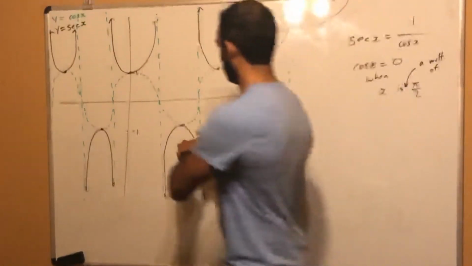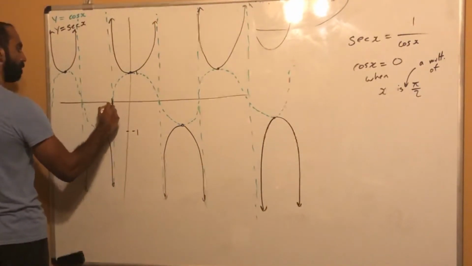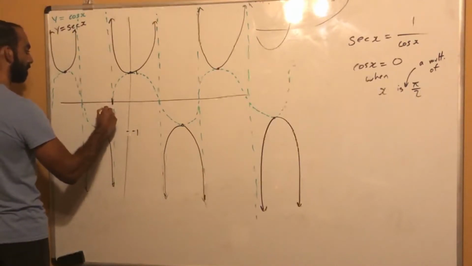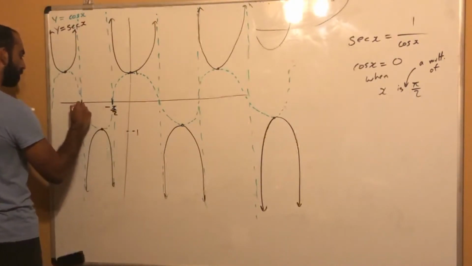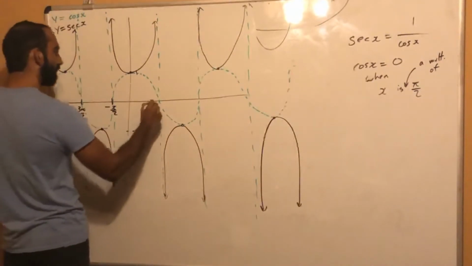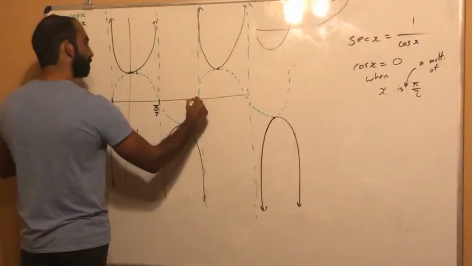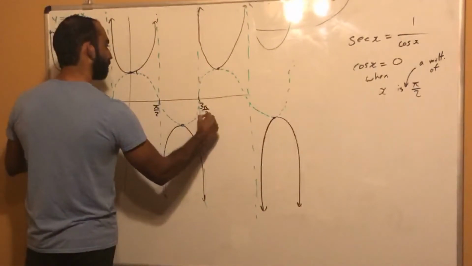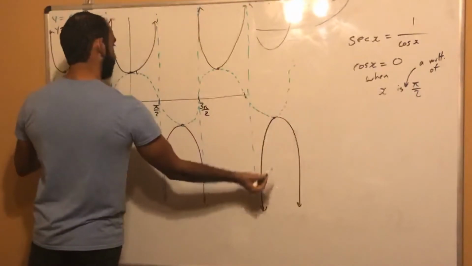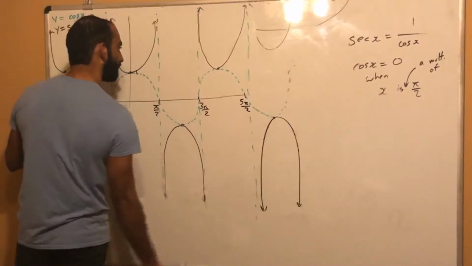But notice the asymptotes here are multiples of pi over 2, and they don't include 0. Last time we had 0 and multiples of pi as our asymptotes, but this time we just have multiples of pi over 2. We don't have 0 as an asymptote. Pi over 2, 3 pi over 2, 5 pi over 2, and so on and so forth.